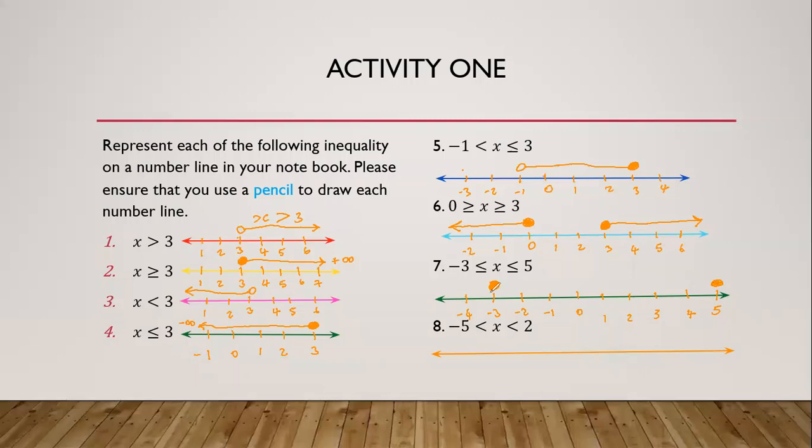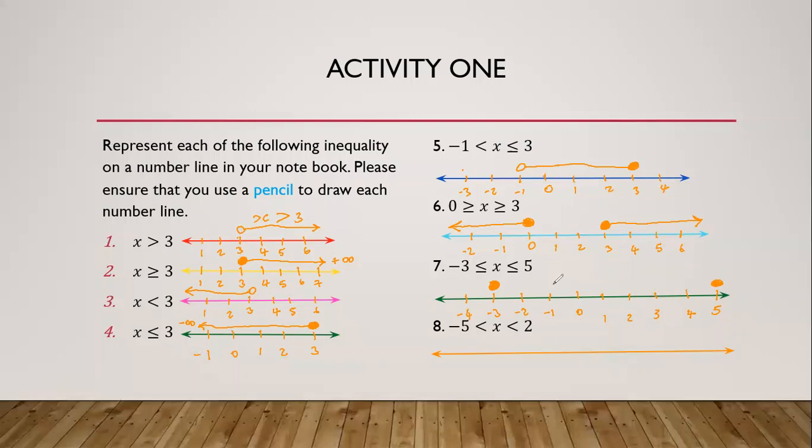Then we need to decide which direction the arrow should go. So x is greater than or equal to -3. Values that are greater than or equal to -3 would be -3, -2, -1, 0, and so forth. That means the arrow is coming back towards the right. And then here, when we have x is less than or equal to 5, those values would be 5, 4, 3, 2, and so on.